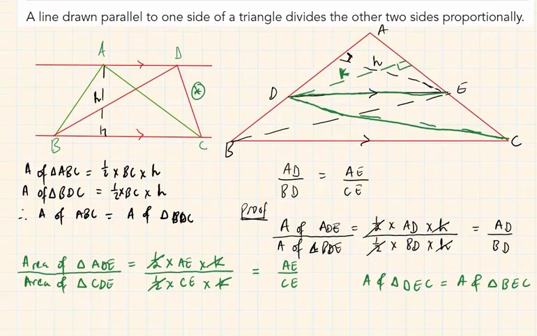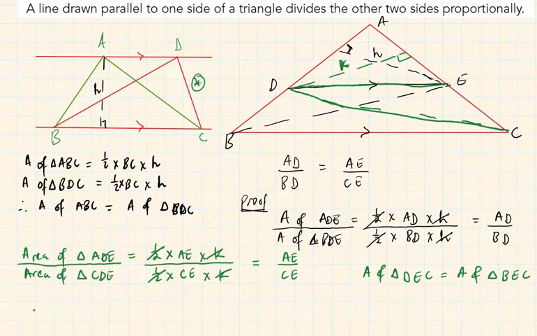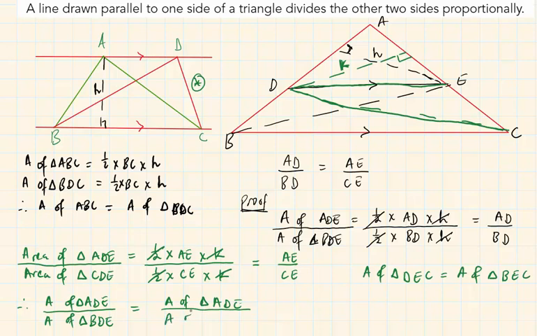If I make a bit more space here, it follows that the quotient, so therefore the area of ADE divided by the area of triangle BDE, is going to be equal to the area of triangle ADE divided by the area of triangle CDE.